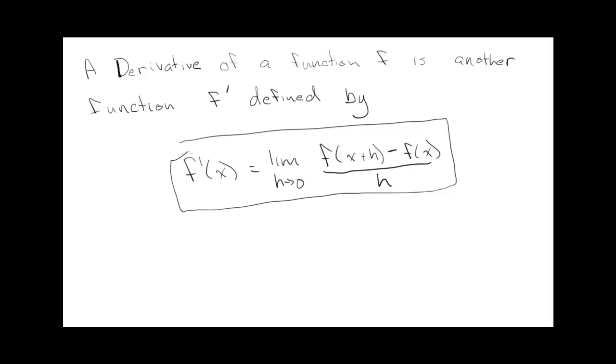And then usually we'll make one sort of comment: provided this limit exists. So we saw in our discussion on limits that sometimes limits don't exist. So in that case, what's going to happen is the derivative won't exist. So we'll see how that can happen in the next lesson.